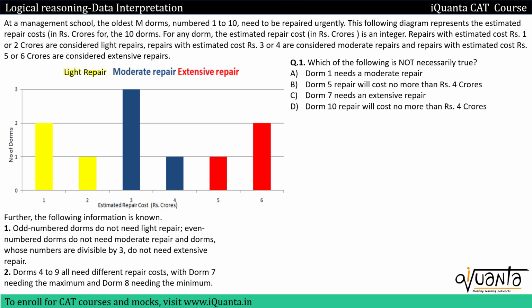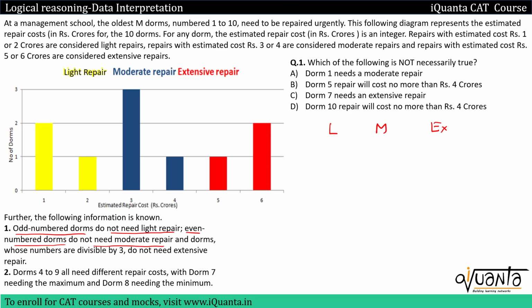So first of all, we were given that there is something called light repair, then moderate repair, and then we had extensive repair. Here we were given that odd numbered dorms do not need light repair, even numbered dorms do not need moderate repair. So odd numbered dorms, they do not need light repair.